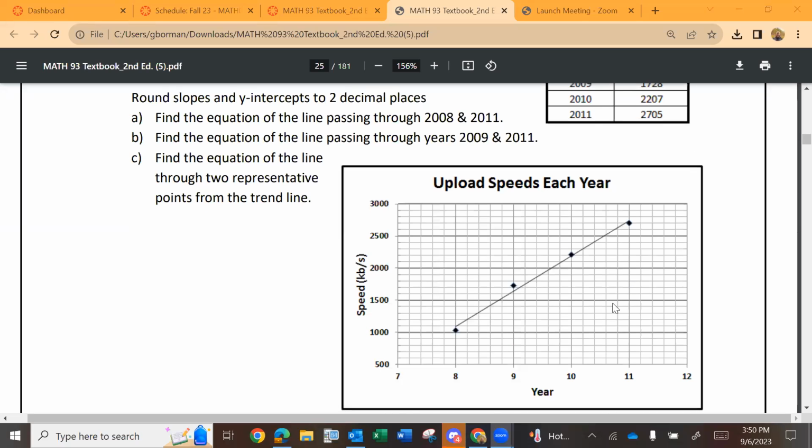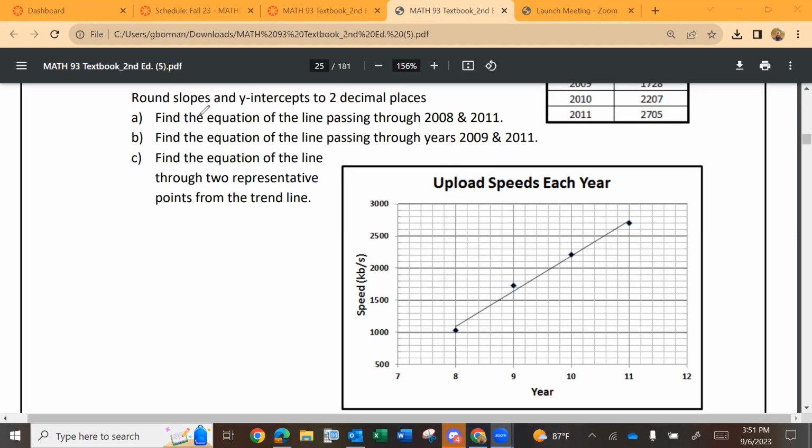All right, let's see what we got. Now you'll notice, unlike in the last section, in this one they gave us the trend line, and undoubtedly the author used computer software to make that happen. So the trend line is going to be very accurate.